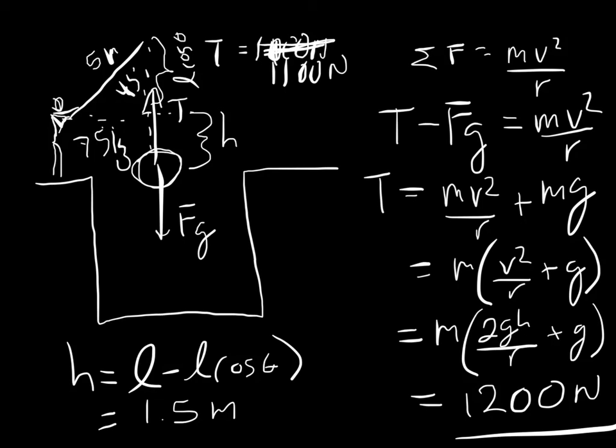So 750 from 1100 means I have 400 newtons of tension caused by his swing. If I set that equal to mv squared over r, I can now get exactly how fast he can be moving. And if I take that and set it equal to square root of 2gh, I can find out how high up he can swing down from. Based on that, you can figure out where he has to go to swing so that he can survive. Which would be a really cool quiz or test question.